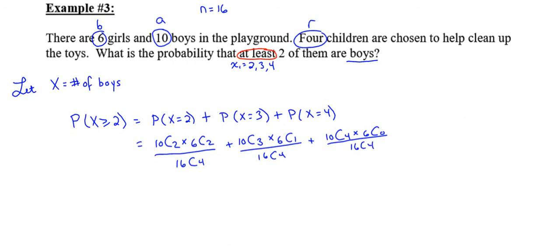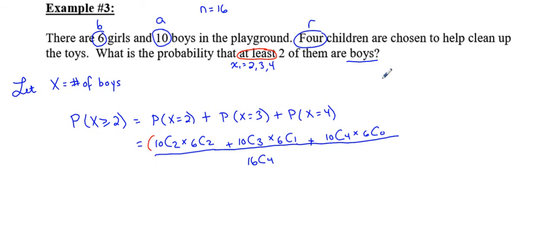Now, if you want to make your work a little bit easier, rather than doing these as separate fractions, what you can do is just put all of this as the numerator and just put 16C4 in the denominator. And then you can do all of this work in your calculator. So type all of the numerator into the calculator and then divide it by 16C4. If you're going to do that, you have to do one of two things.